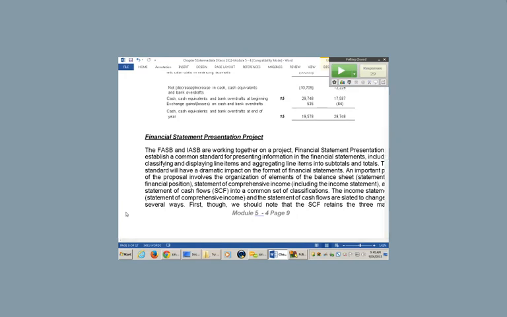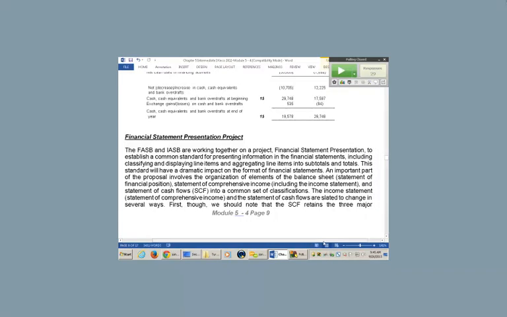All right, now the last thing in this chapter is a project that keeps going backwards, but it's still on the table. The FASB and the IASB are working on a new way to present financial statements, and it is radically different than what you've seen so far.